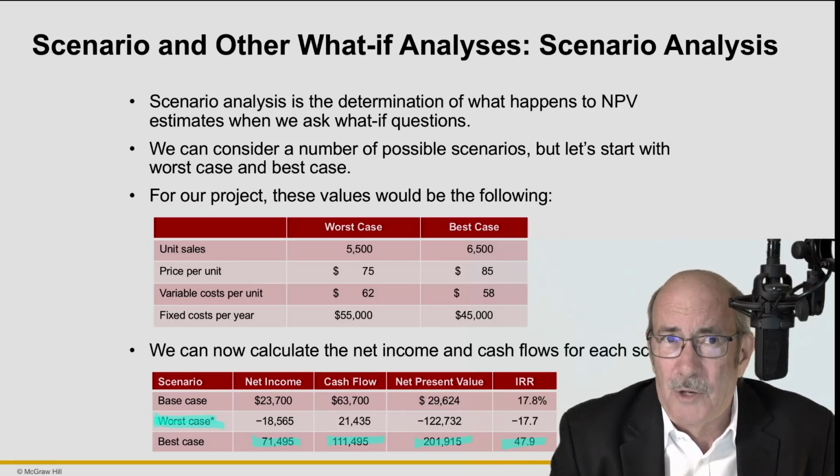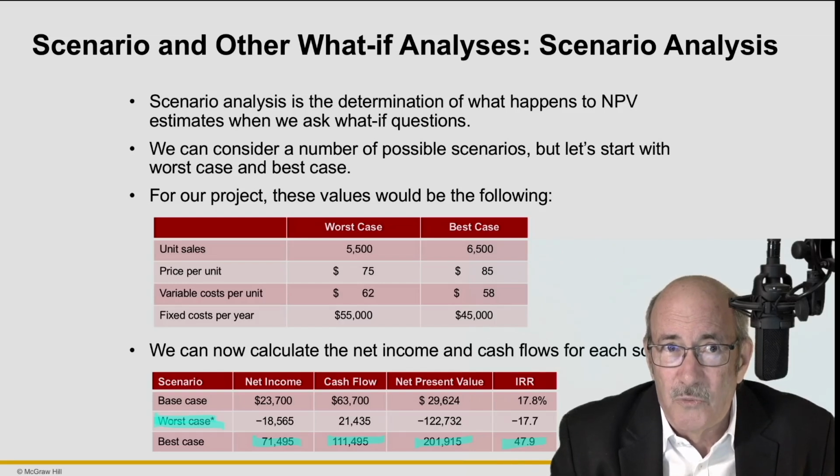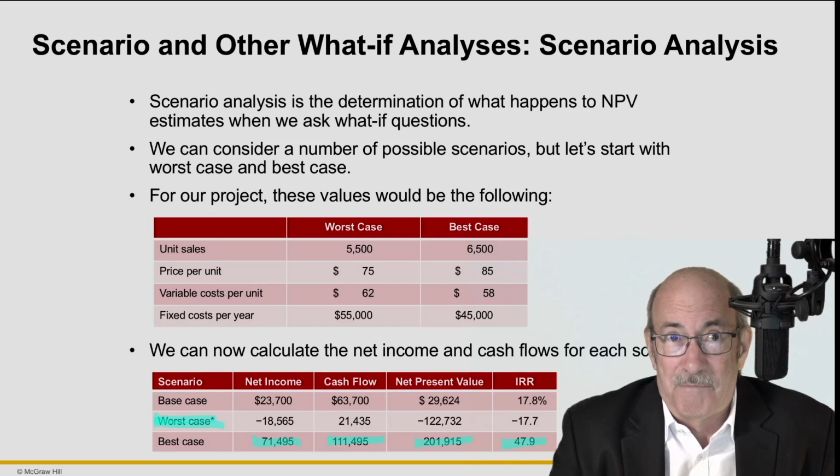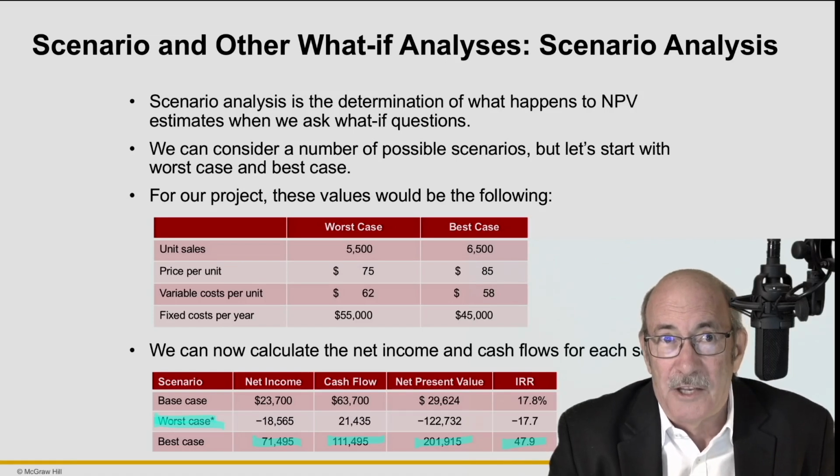So they make an assumption that we're actually going to receive a tax rebate. The assumption here is that we're going to get money back from the government because we had this loss.